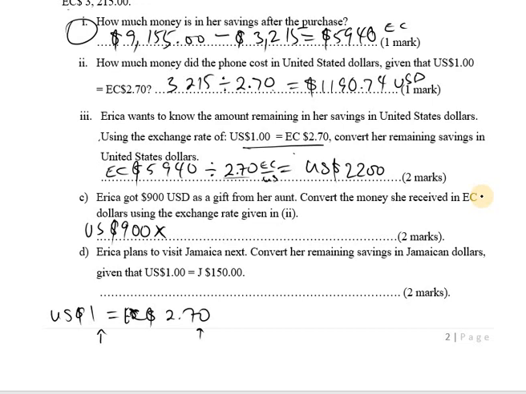So the US should be smaller, so we have to multiply it by 2.70 to get more in EC. This is EC per US, right? So that will give us EC. The US will cancel out US, leaving us with EC. Let's check that.